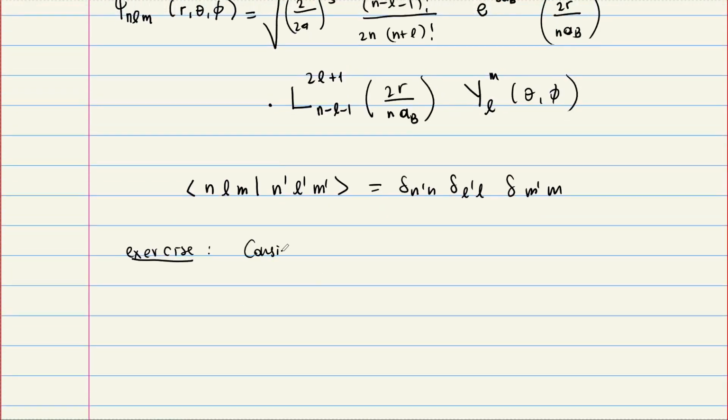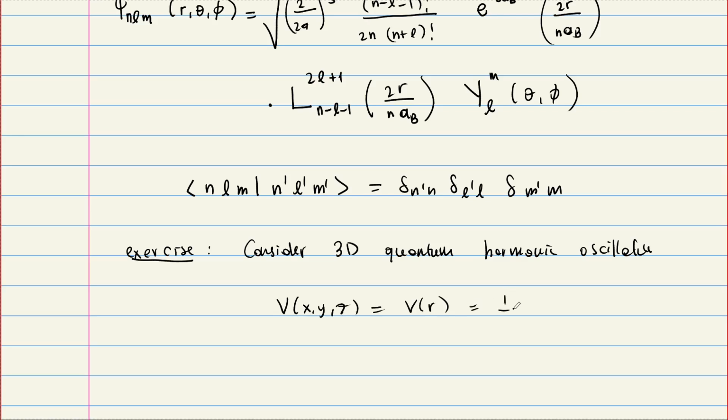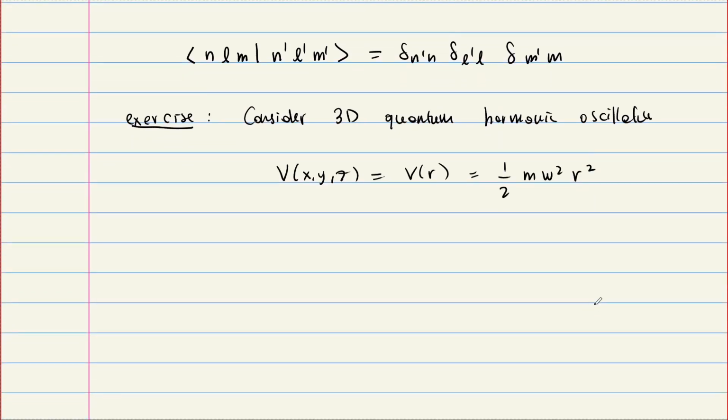Consider the 3D quantum harmonic oscillator. So V of x, y, z is equal to V of r. It only depends on r, and it is given by 1/2 m omega squared r squared. So this is also a central potential.